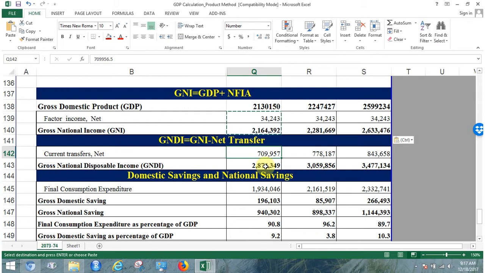So the net transfer is added to gross national income, which gives us the gross national disposable income.